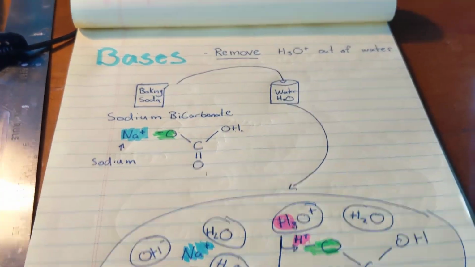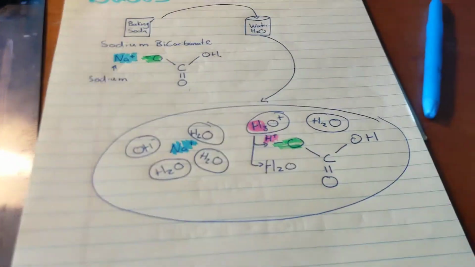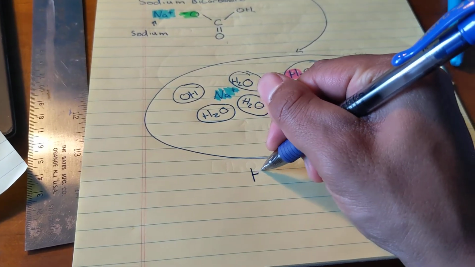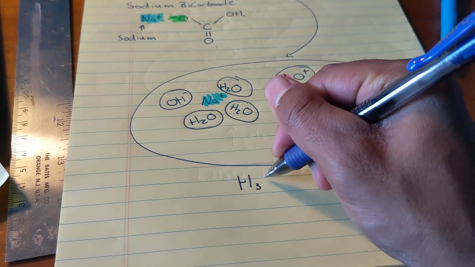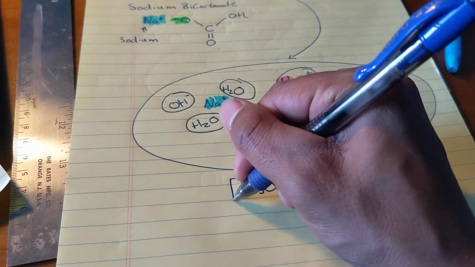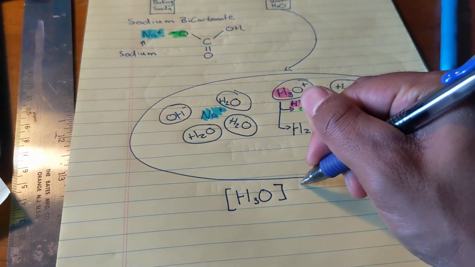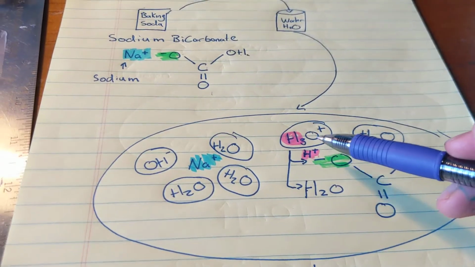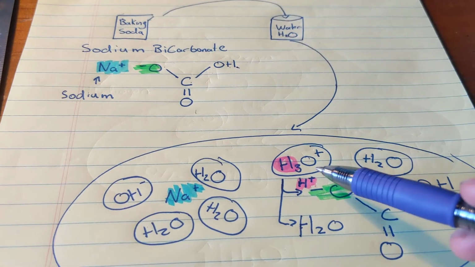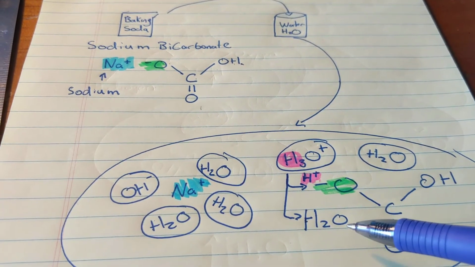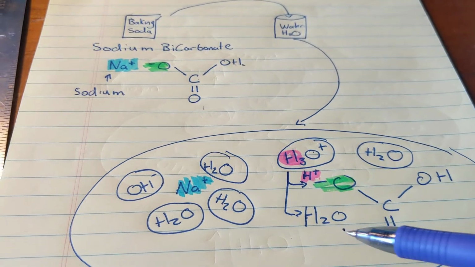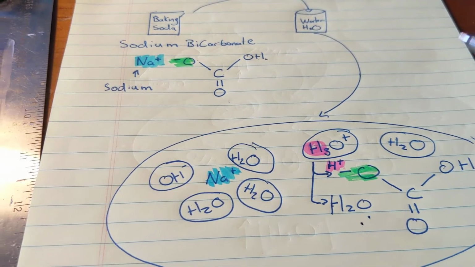So the result of that is that this time the concentration of hydronium ions actually goes down. And that's because a hydronium ion that was already floating in the water got changed into an H2O. So that hydronium ion is now gone, and now it's an H2O molecule.